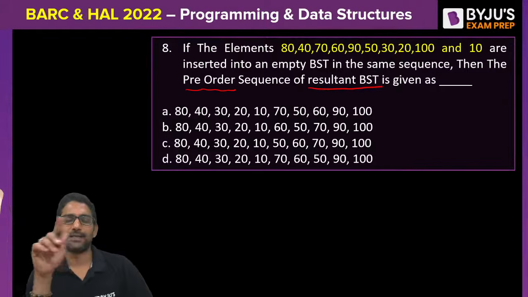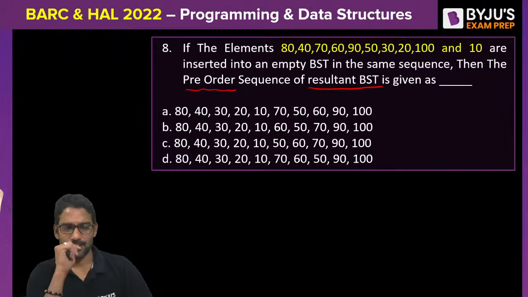We are inserting these elements into a BST. So what would be the resultant BST and what is the pre-order sequence of it? Everybody solve question number 8 and give your answer quickly.